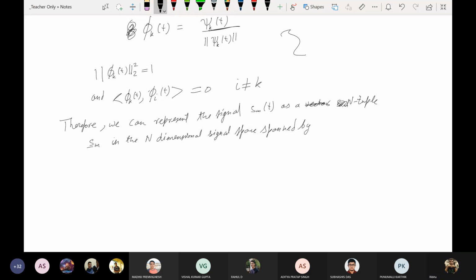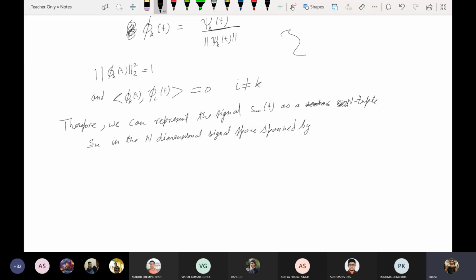Hmm? Yes, sir. We do get it. So here I meant an n-tuple. If I make that error somewhere, just point it out and I'll correct that to an n-tuple.